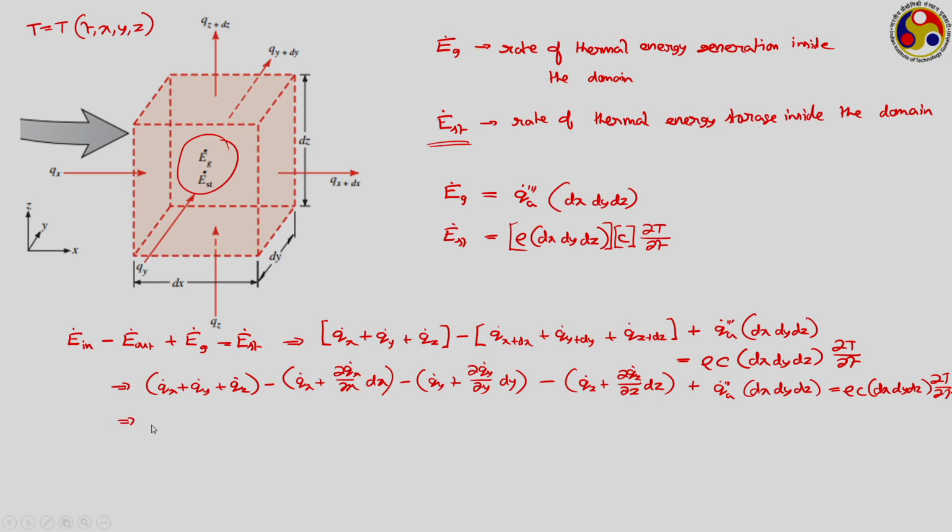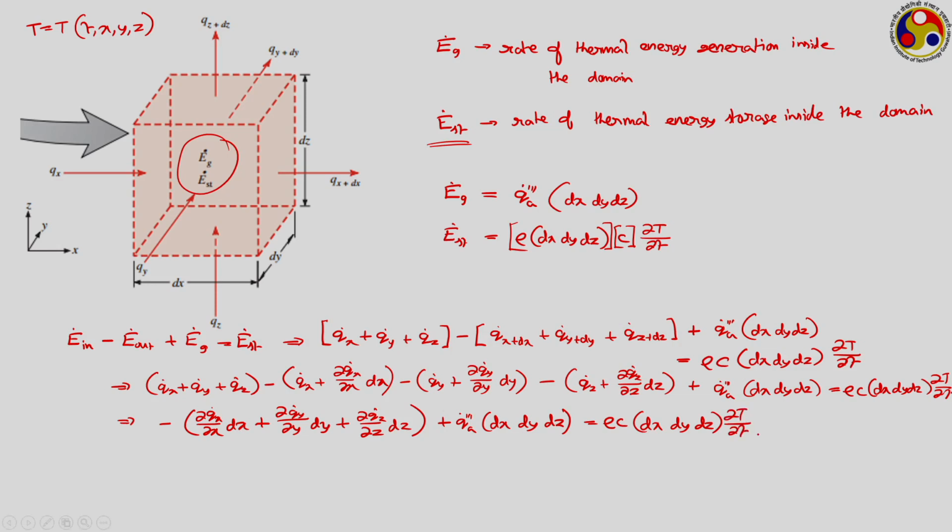So, if we balance them together, then we have minus dou q dot x dou x dx plus dou q dot y dou y dy plus dou q dot z dou z dz plus again that q g triple prime dx dy dz is equal to rho into C into dx dy dz into dou T dou t.